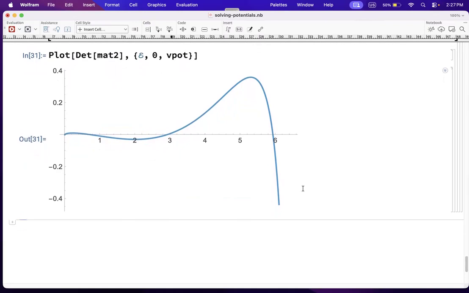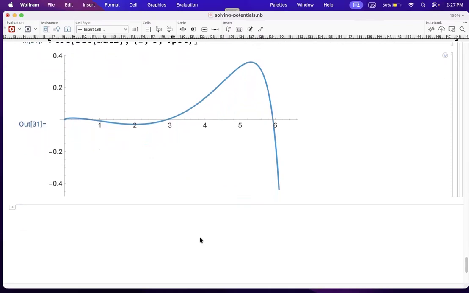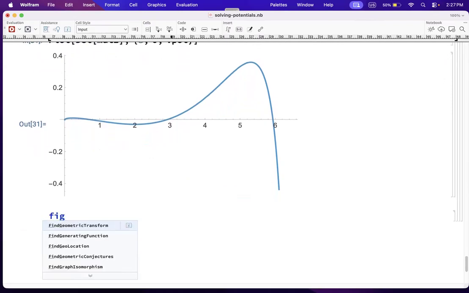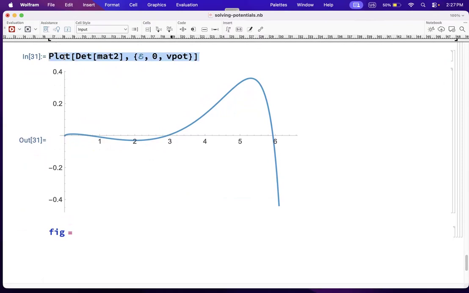One very nice feature of Mathematica is that you can get an approximate numerical solution just from the figure. So I'm going to put the figure equal to exactly the same, please copy this, paste it here. But I'm going to zoom around this region, very, very small. I want to see exactly where the roots are.